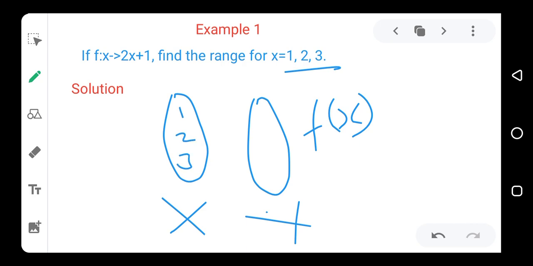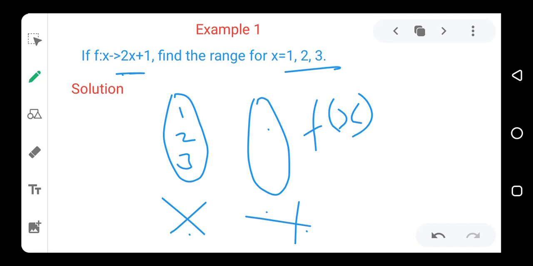Each of them will be associated with a value in the codomain, that is y. So that is what we are going to look for. We are going to use this expression. This expression is called a relation that exists between x and y. It is from this that we establish what will be inside these sets.